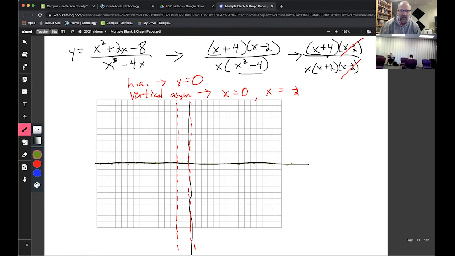If we pick 2, so at x equals 2, we're going to have 6 over, let's see, 2 times 4 is 8, so 3/4. So at 2, 3/4, it looks like it's right there. And then just pick some other values.